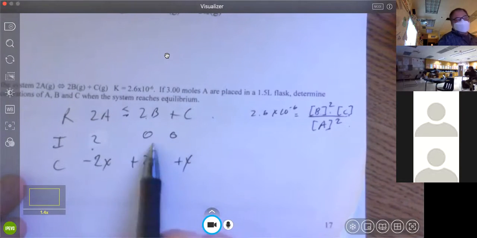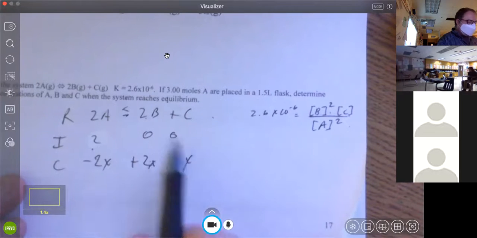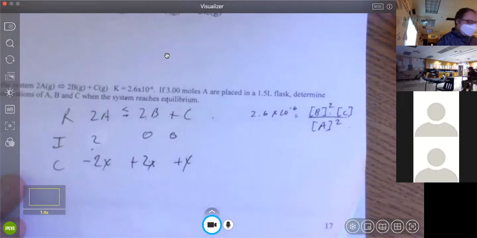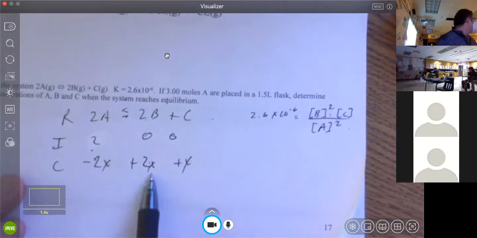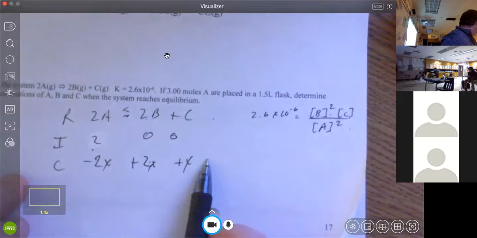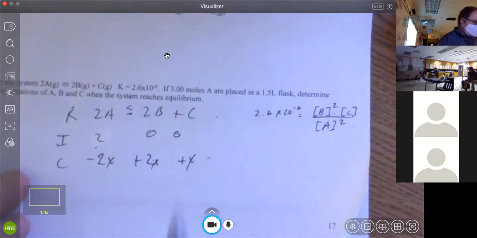We don't have any of this stuff. If this reaction is to take place, it has to make some of this. So it has to go forward. For every amount it goes forward, it uses up 2 moles of this, and it makes 2 moles of this and 1 mole of this. That's the chemistry behind it, right?